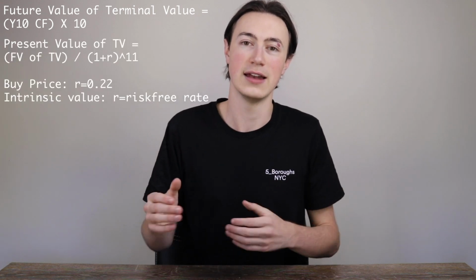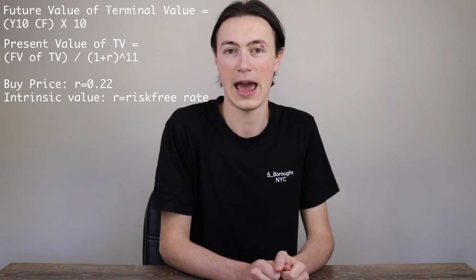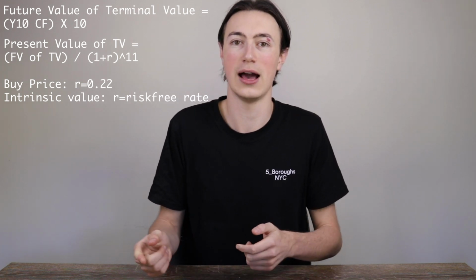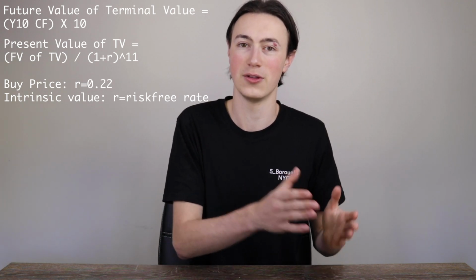I'll get into that a little bit later in the video. But we would be discounting back at 22%, which means we're taking that terminal value and dividing it by 1.22 to the power of 11. That will allow us to discount it back. It's kind of like reverse compounding, discounting it back to the present day.